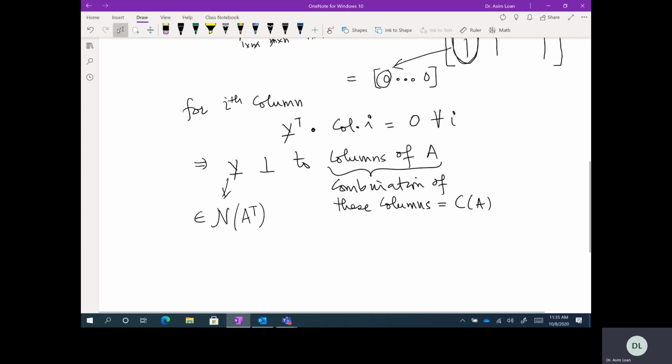So since y is orthogonal to combinations of all these columns which generate the column space, this implies the column space is orthogonal to the left null space.